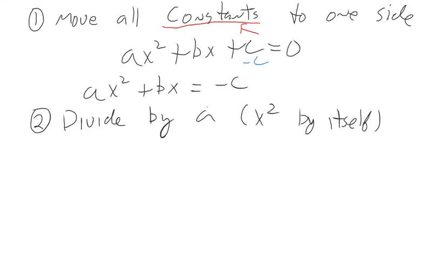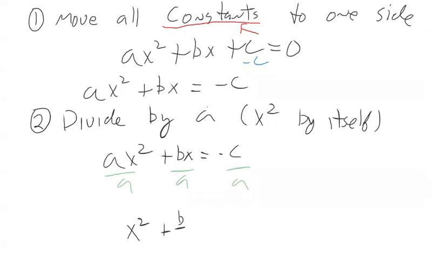So if I have ax squared plus bx equals negative c, then I divide each term by a. So x squared plus b over a times x equals negative c over a. All right, so there are the first steps.